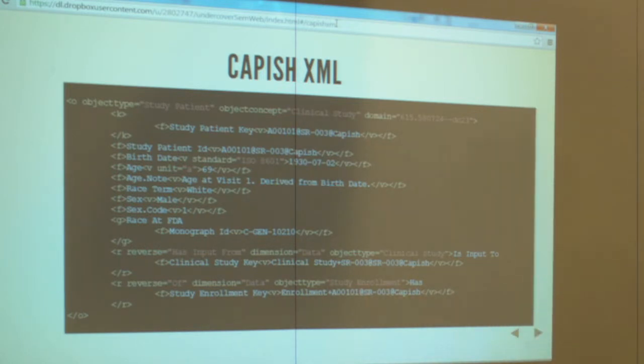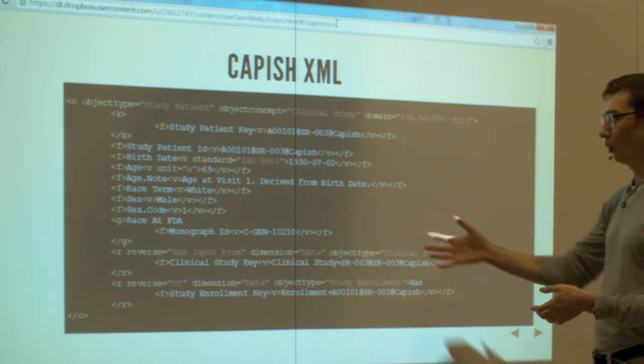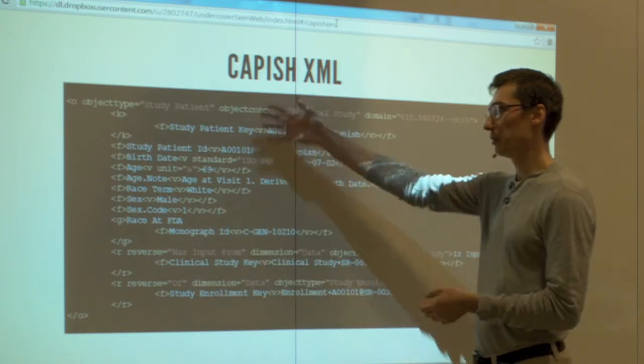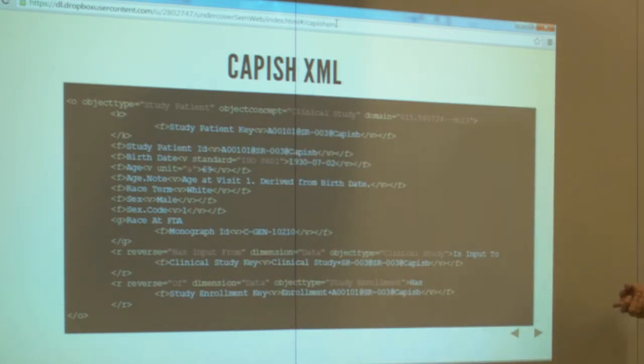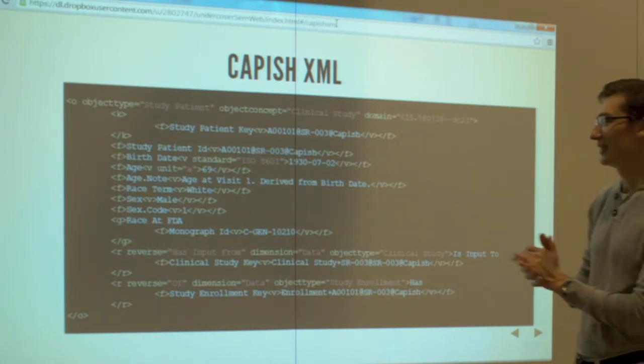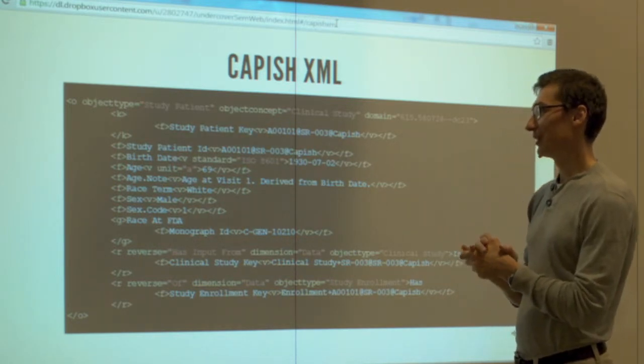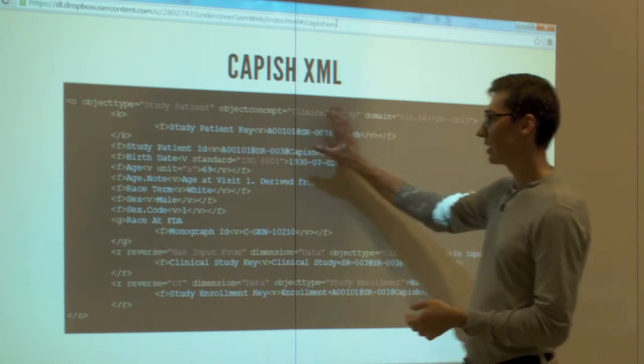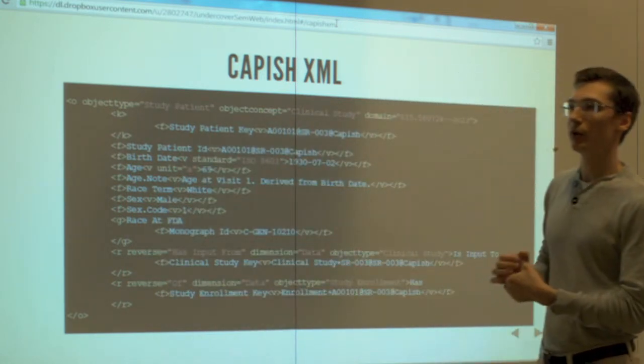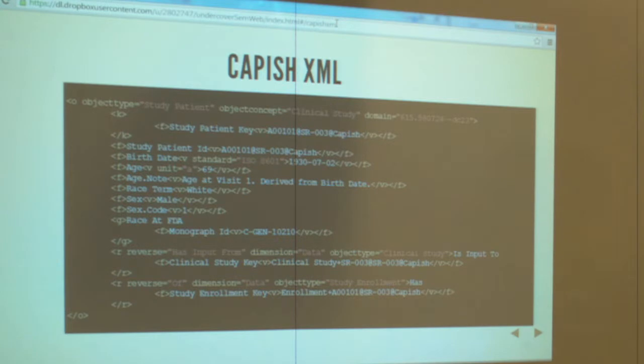One of the reasons why one of the internal names of the object is a colon, I will not go into the details of that, but the point is that it has all the information together with the context necessary to understand it.